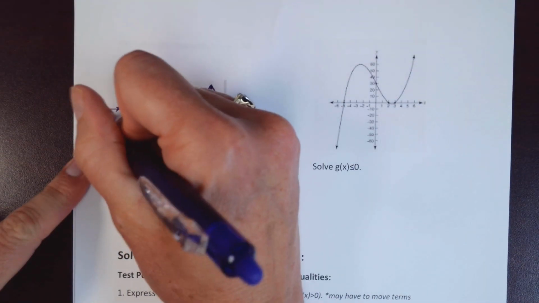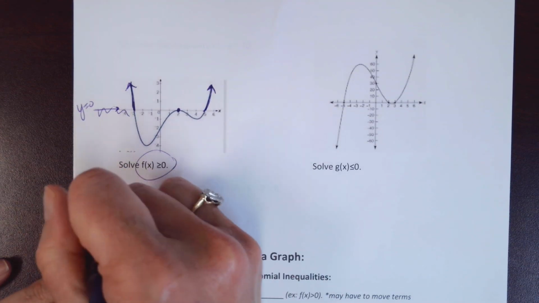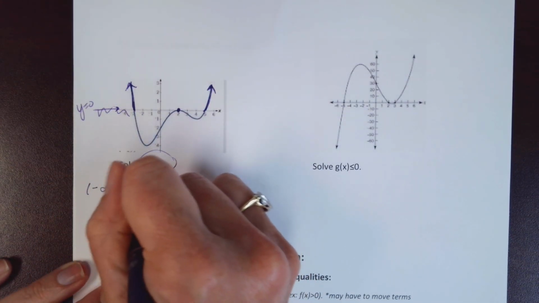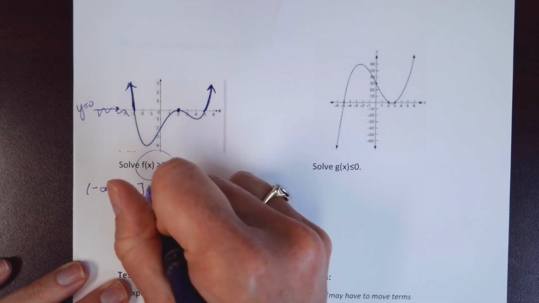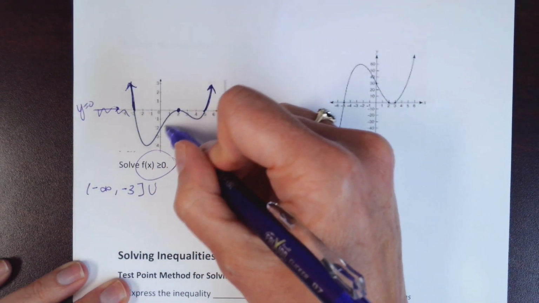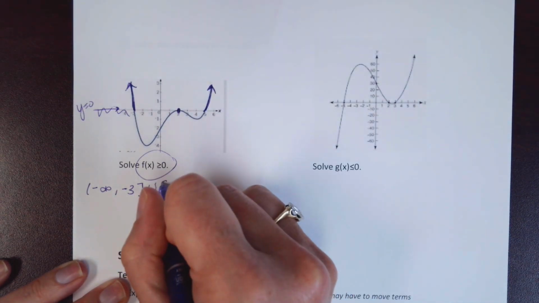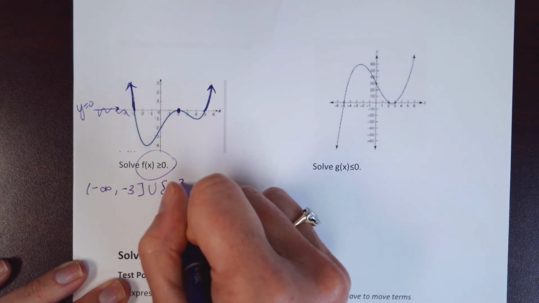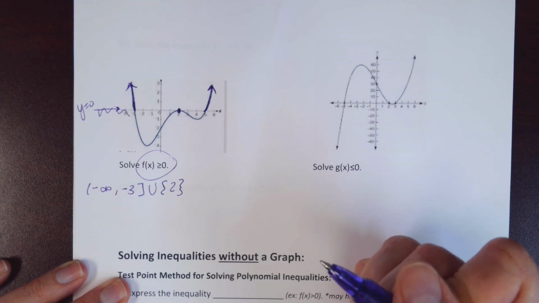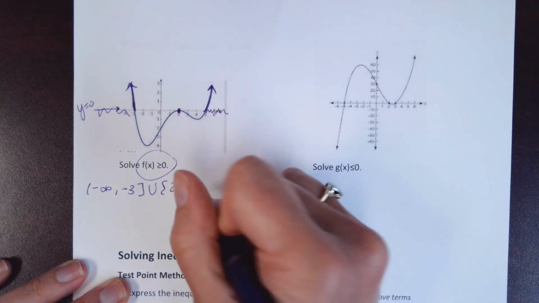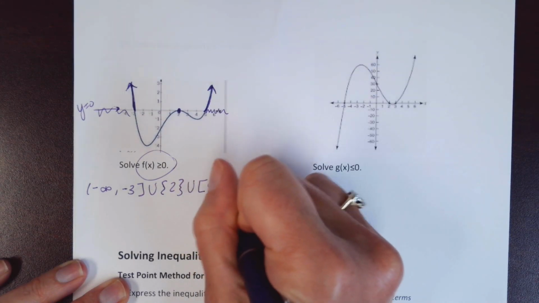So I've got this first interval on the domain from -infinity up to -3 inclusive. Or I come up and my graph touches the x-axis here, so I've got to include that single value 2, which I put in braces. Or this last interval starting at 5 to positive infinity.